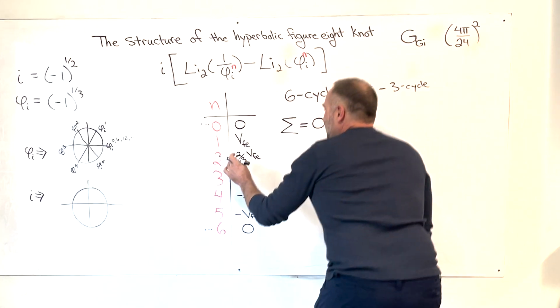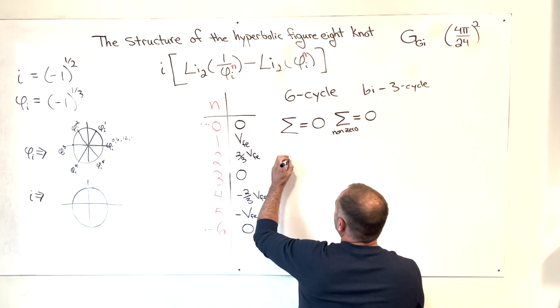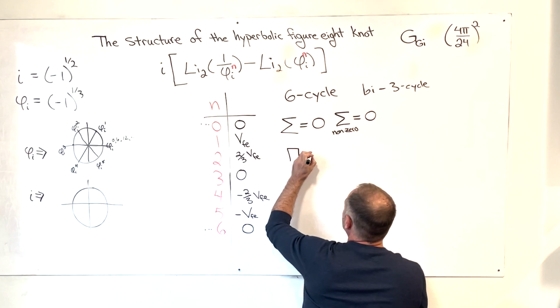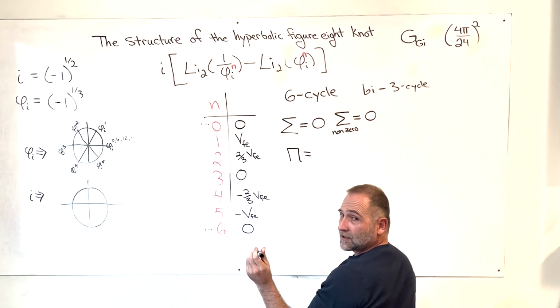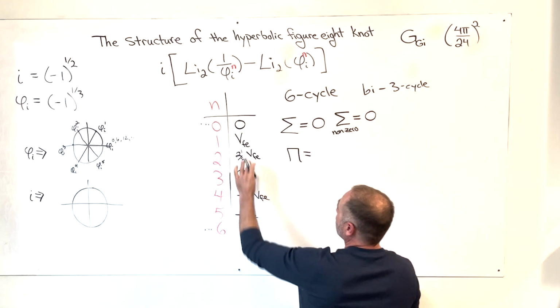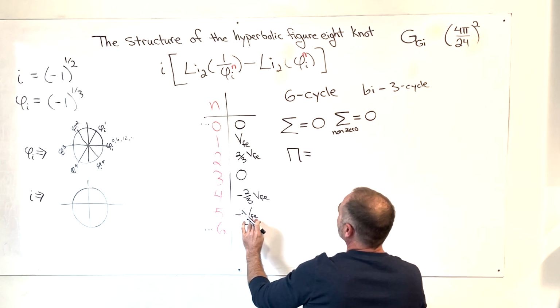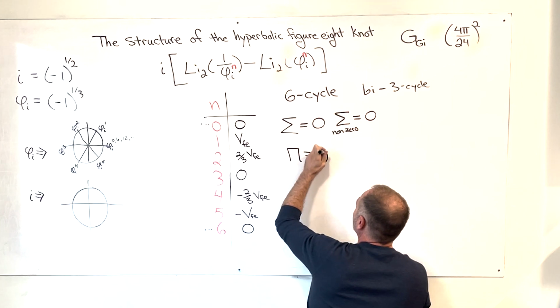Okay, let's look at the product. Of course, if you multiply them all together, what do you get? 0, because 0 times anything is 0.